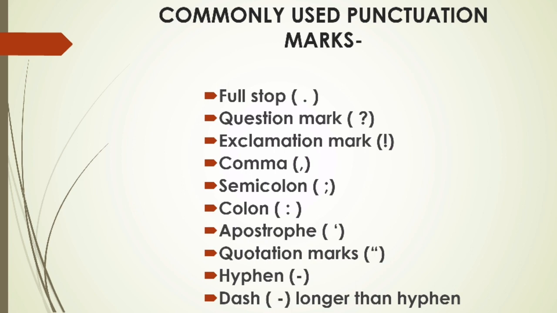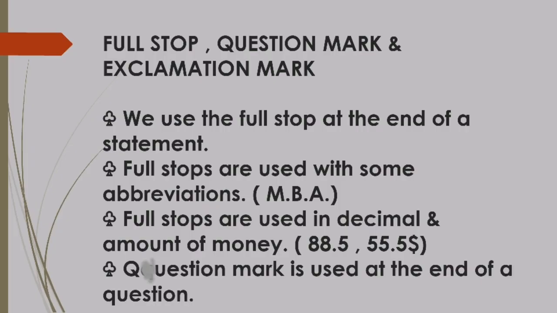Students, hyphen and dash may seem similar, but actually dash is slightly longer than hyphen. Dash is longer than hyphen. Here you may think that they both are same, but actually dash is slightly bigger than hyphen, right? So now we are going to see all these commonly used punctuation marks in detail, their uses, right?